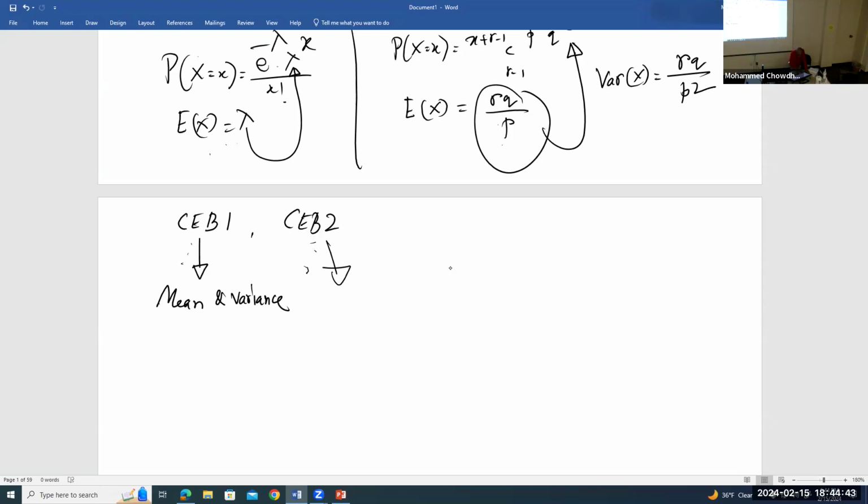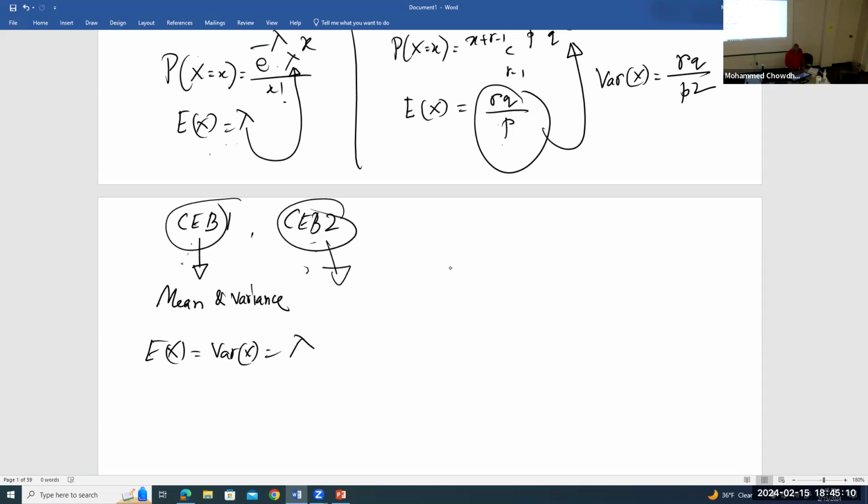See, Poisson regression has expected value of X and variance of X equal to lambda, right? Among these two dependent variables, the one which has the same or approximately same mean and variance will be used as the dependent variable for the Poisson regression model.